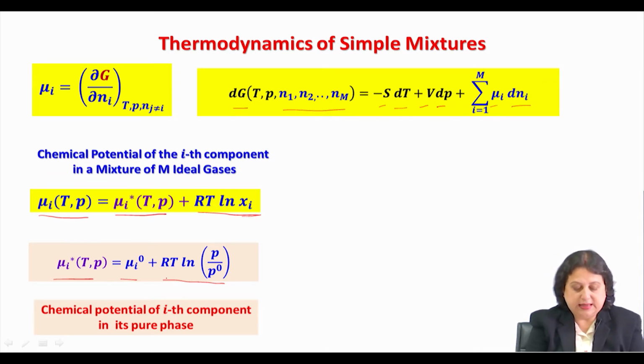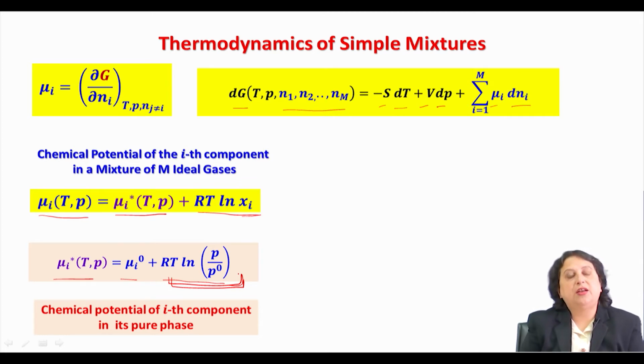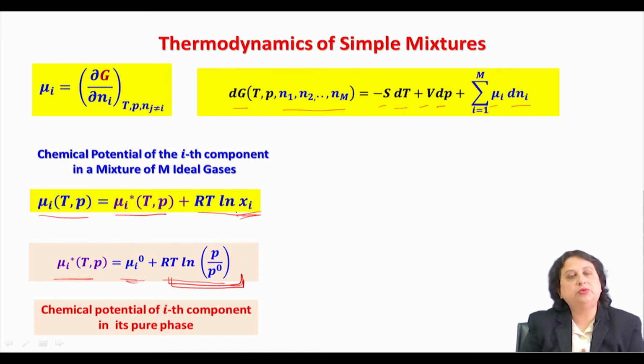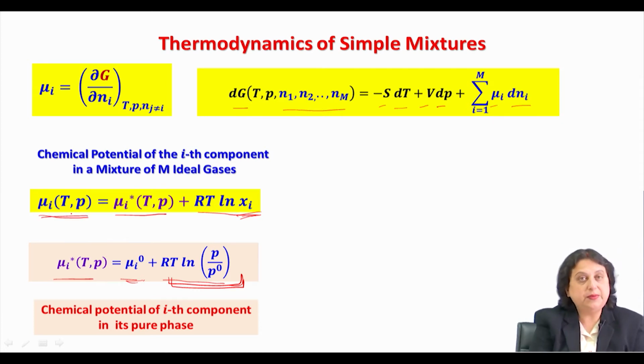And here I see that the ith component in its pure phase is at some other pressure P which is different from the standard pressure, therefore I have this additional contribution coming into the picture. And as you understand then, if I know the given values of temperature and pressure, and also if I know mu_i naught and x_i in the mixture, I should be able to estimate mu_i (T,P).